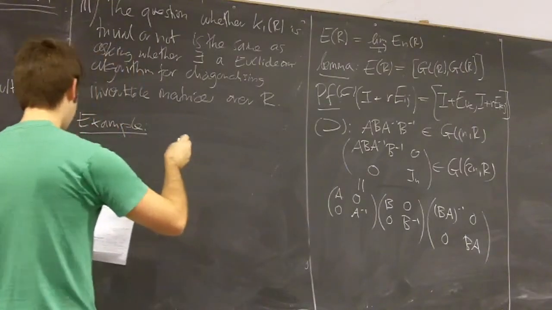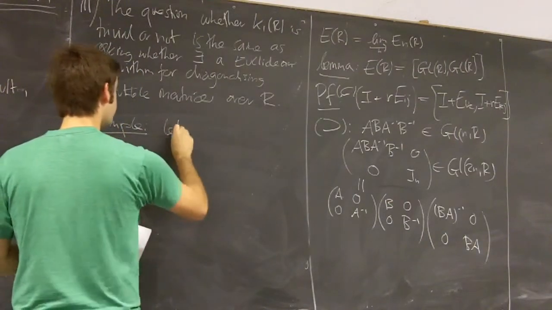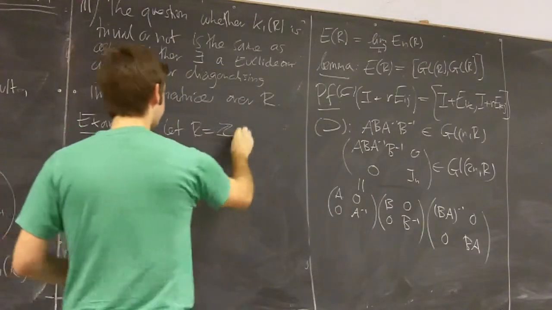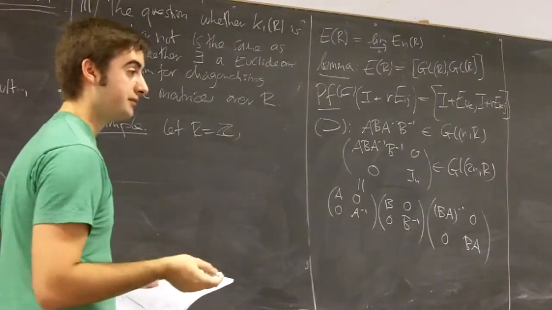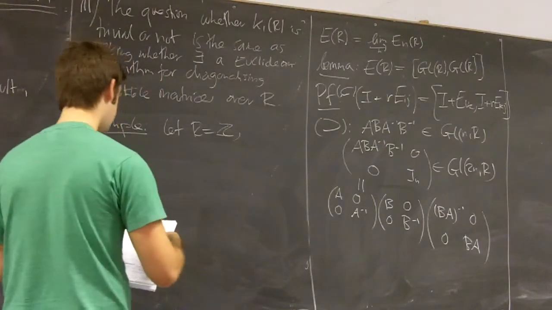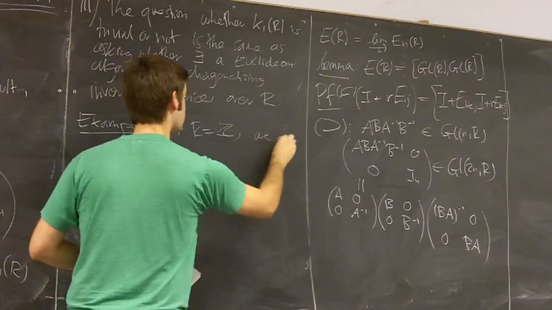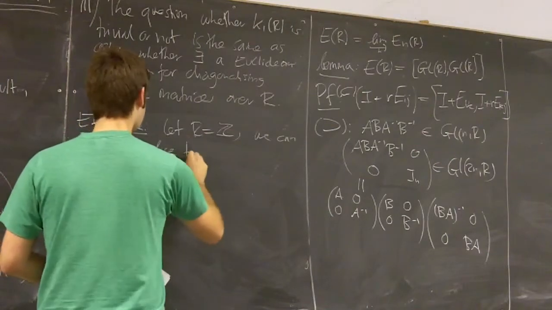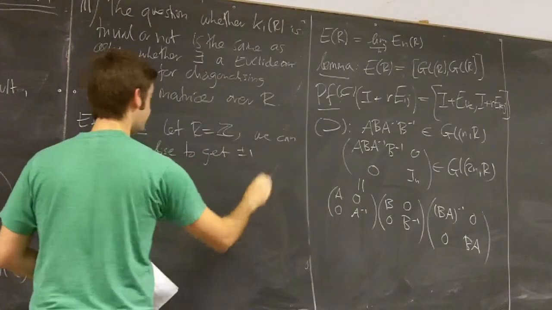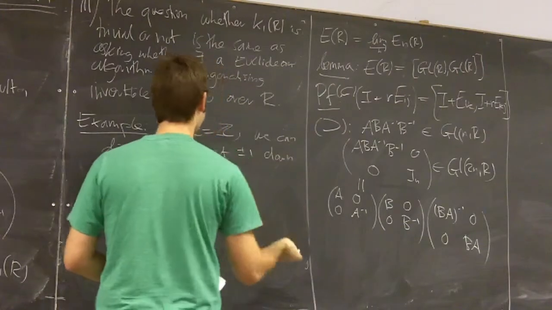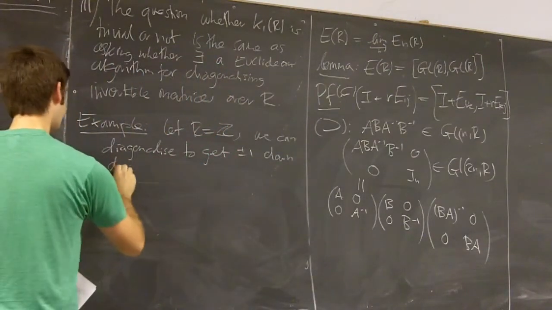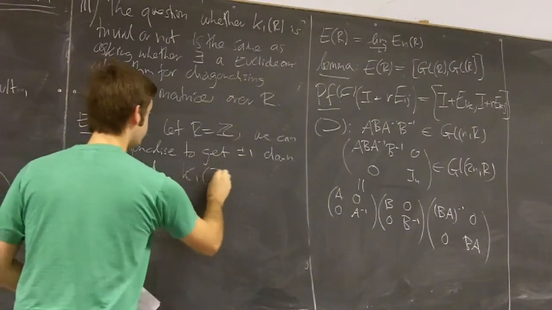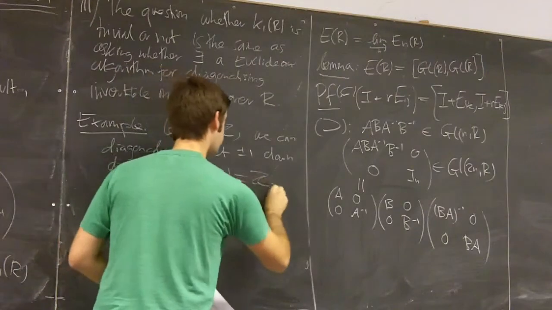So this tells us that if our ring is the integers, then every invertible integer matrix can be diagonalized to get plus or minus 1 down the diagonal. So this actually tells us that K1 of the integers is Z mod 2.